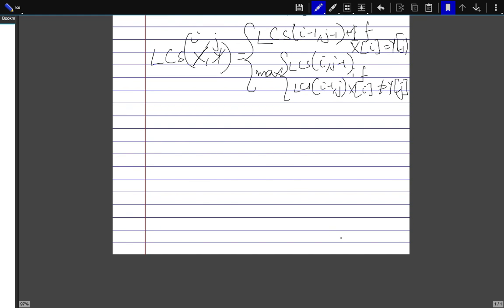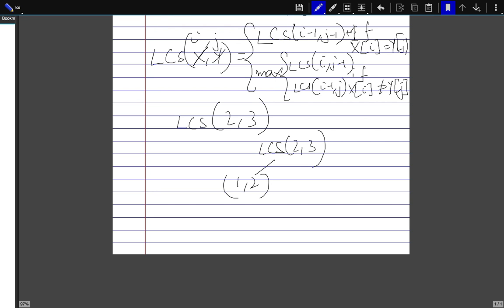So say for instance, I want to find the LCS of, I don't know, 2, 3, small one, sounds about right. If I do the recursion tree for this one using the recursive equation that we just figured out, if there is a match, we will go 1, 2.